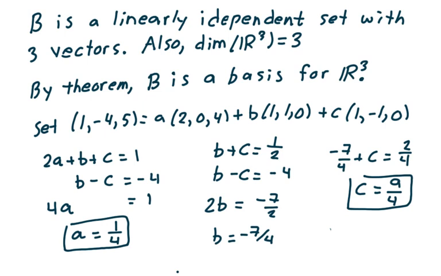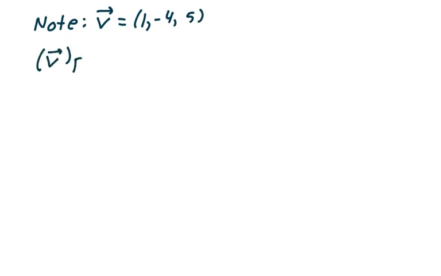So I solve for A, I solve for B, and I solve for C, right? And so the coordinate vector of V, and by the way, now note, V is the vector (1, -4, 5). And so the coordinate vector of V relative to B is, and then the first coordinate is 1/4.